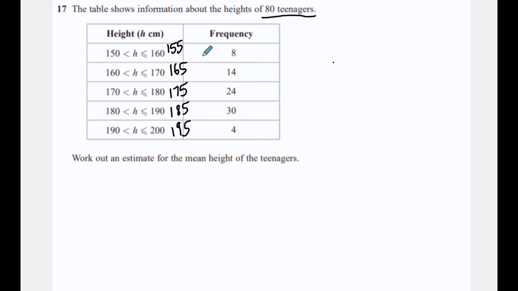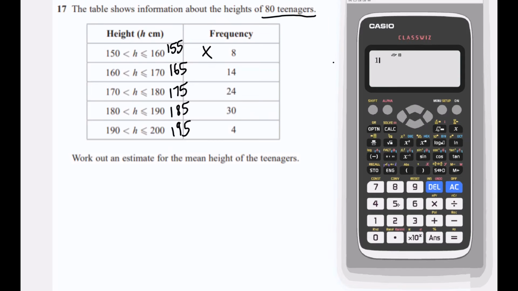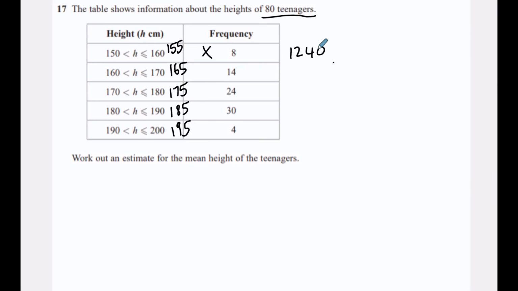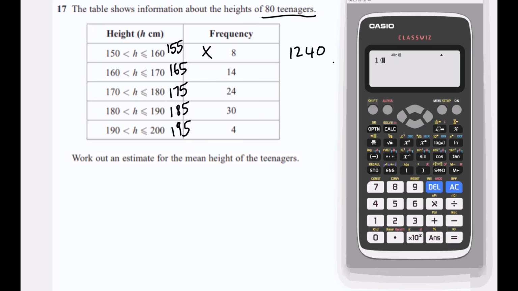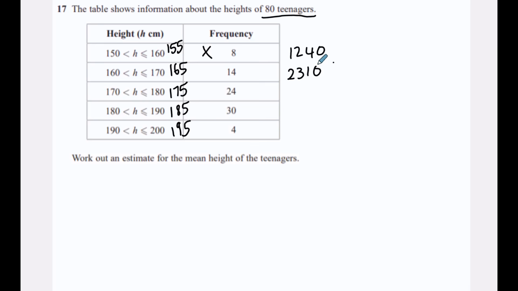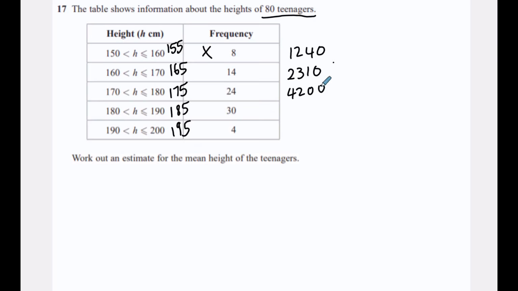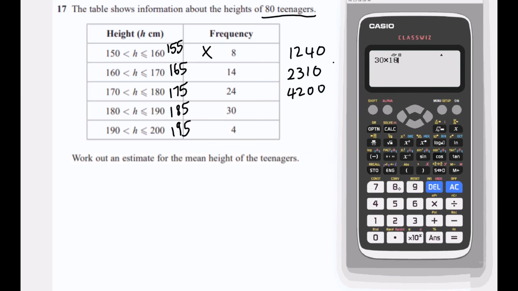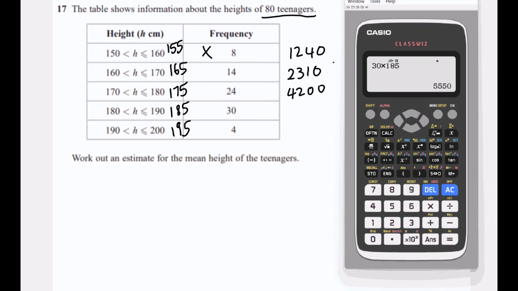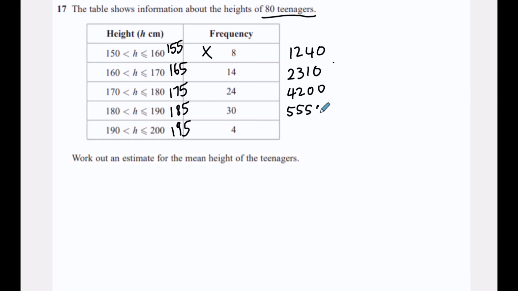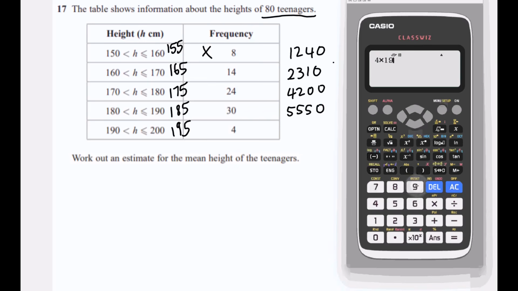So if we've got 8 lots of 155, that's 8 times 155. And we've got 14 times 165, 24 times 175, 30 times 185, 4 times 195.